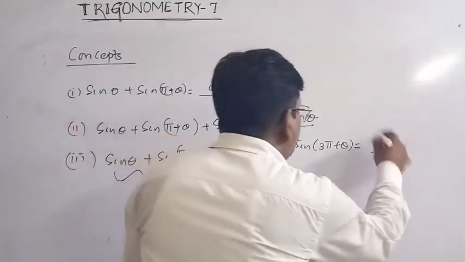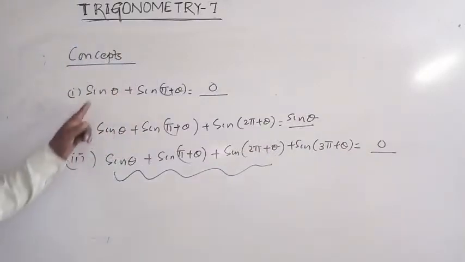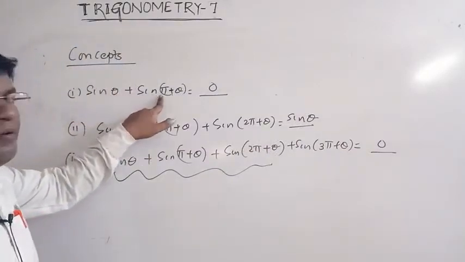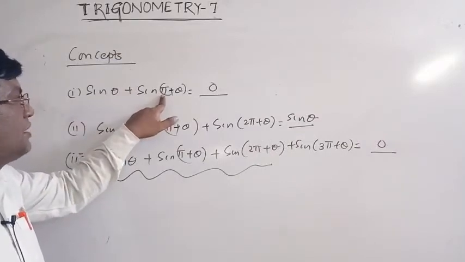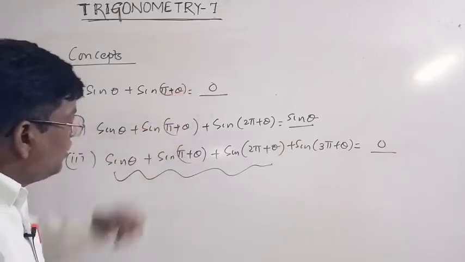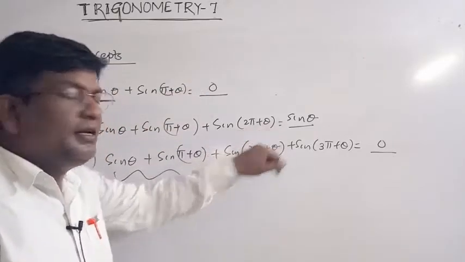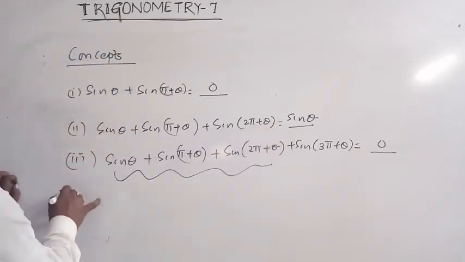This is equal to 0. What is the conclusion here? Sin of an odd multiple of pi plus theta is minus sin theta, so the sum is 0, and for an even multiple of pi it is sin theta.